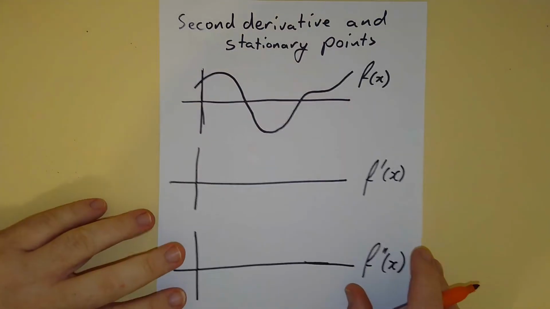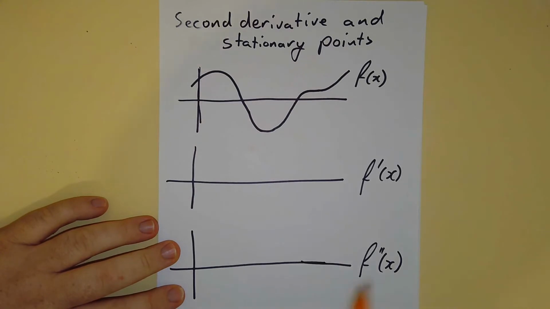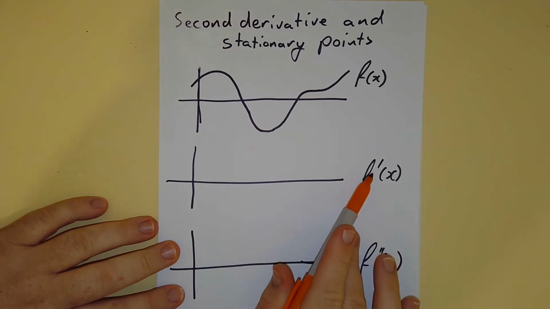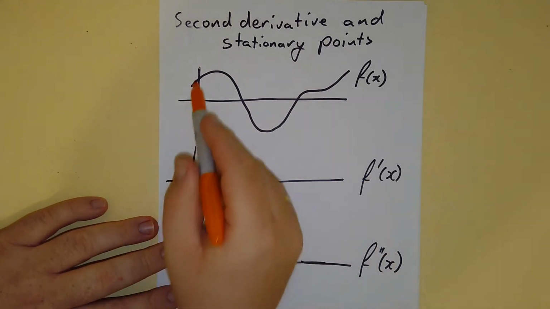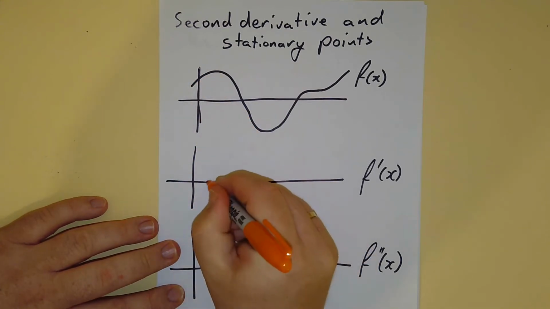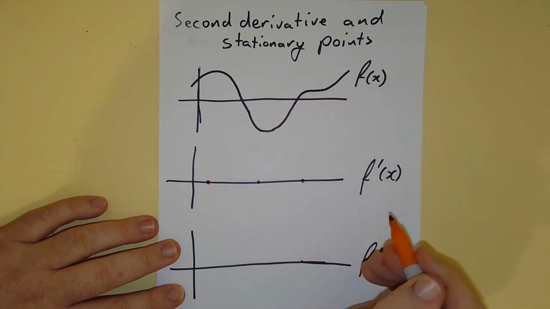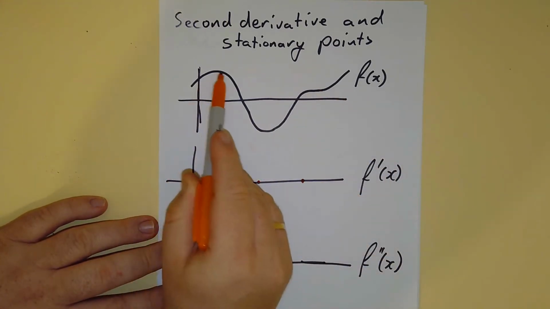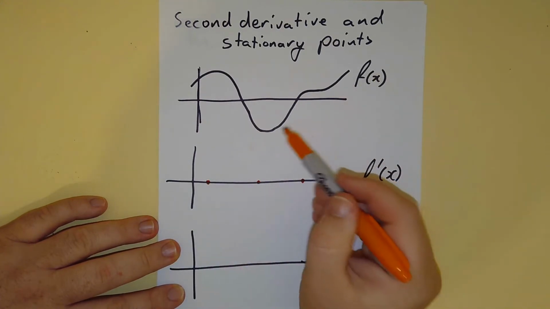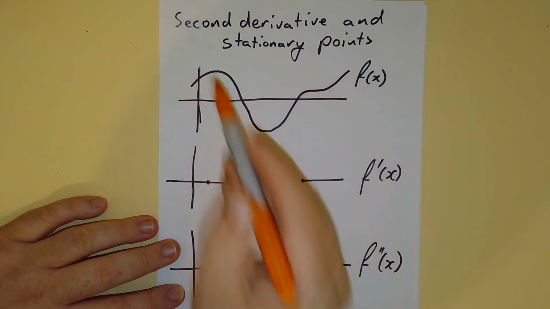Okay, so let's look at that example from the previous video in a little more detail. We're going to try to draw a rough approximation of our derivative and then our second derivative. So here we've got positive going to 0 here. So I know that my derivative is going to be 0 at all these stationary points. I know it's going to be negative through this bit, and I know that it's going to be positive from there onwards, and positive at the start.